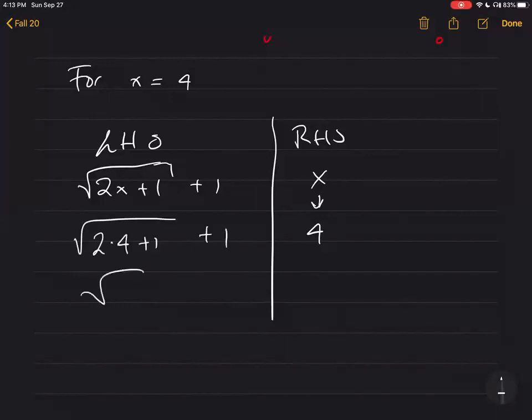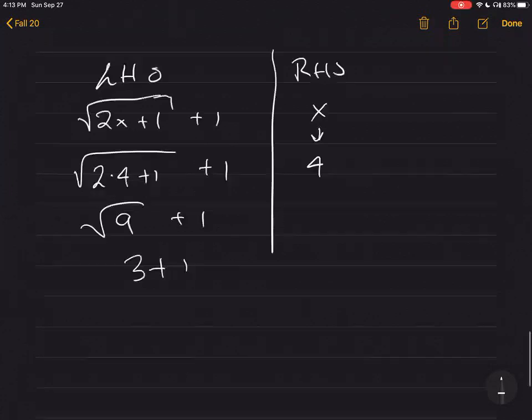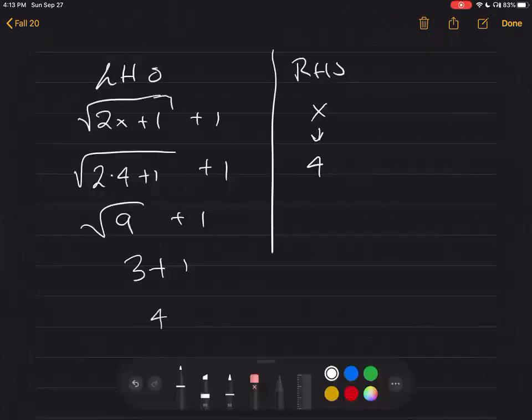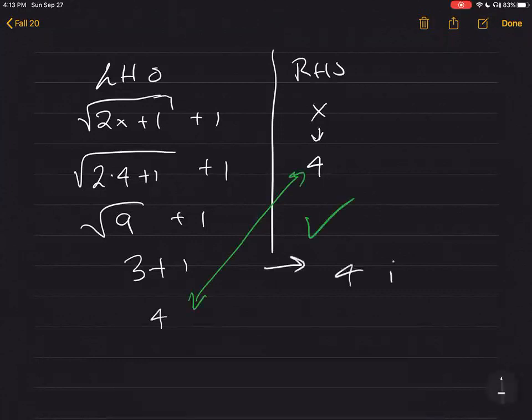Simplify, this becomes the square root of 9, plus 1. We have 3 plus 1, and then we've got 4. So these match up, and that's good. That means that 4 is a legit answer.